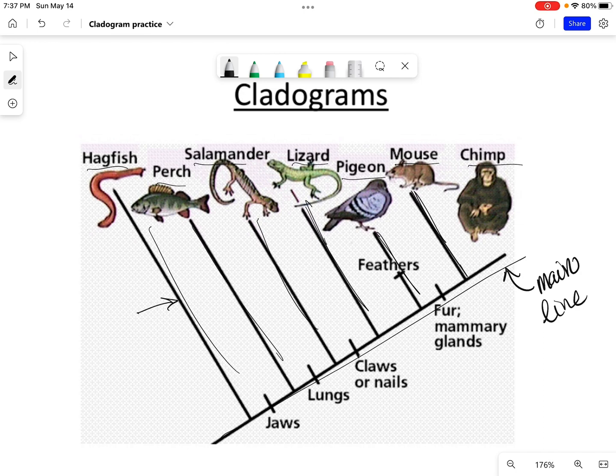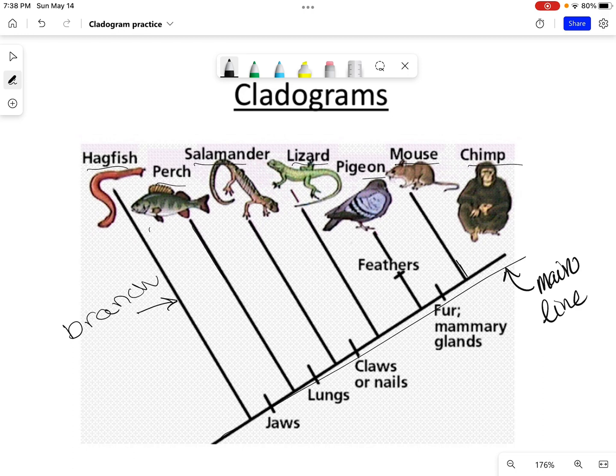And then for the branches, you get at least 1 branch per species. Sometimes, as you saw in examples yesterday, you can have species that branch off of the branches, and then it kind of just looks like a tree. But this one that we're looking at first is a simple cladogram.